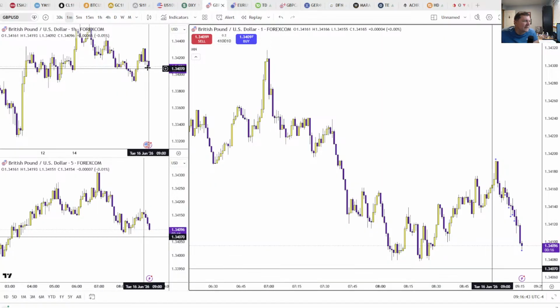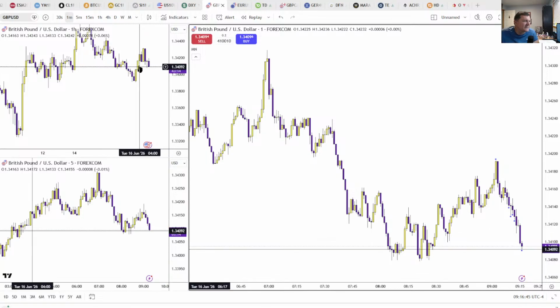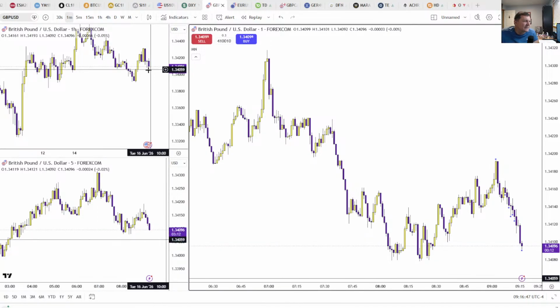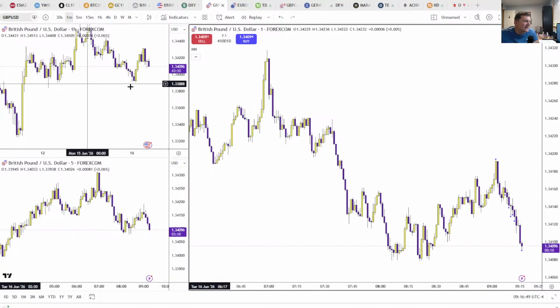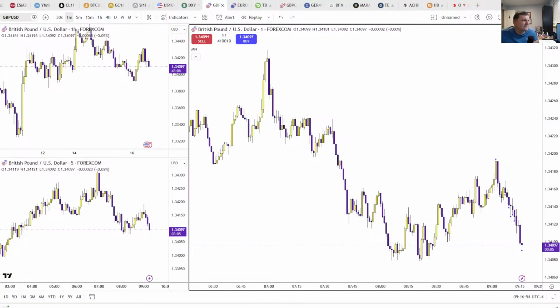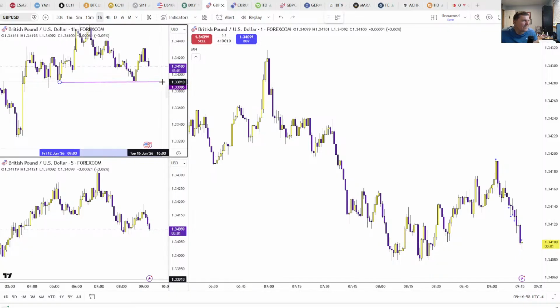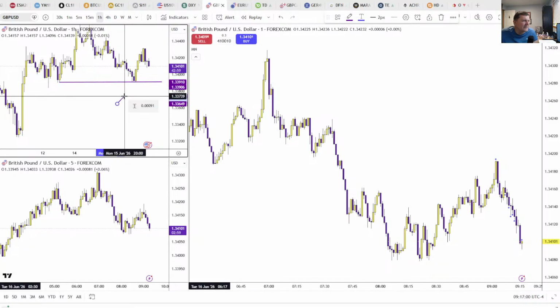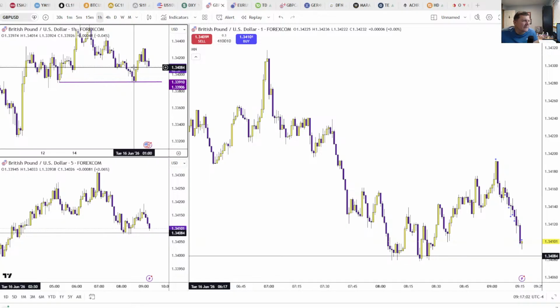Look for a little run below this wick here. You're inside that SIBI now. If you start closing below that, then we're looking for around these lows below us. Up your downside target if we close below here.